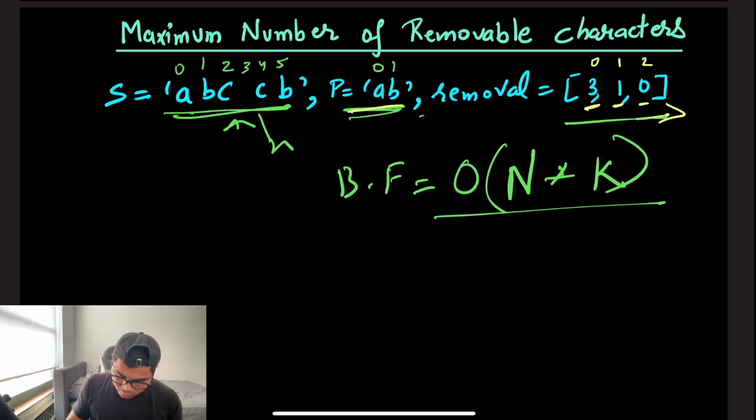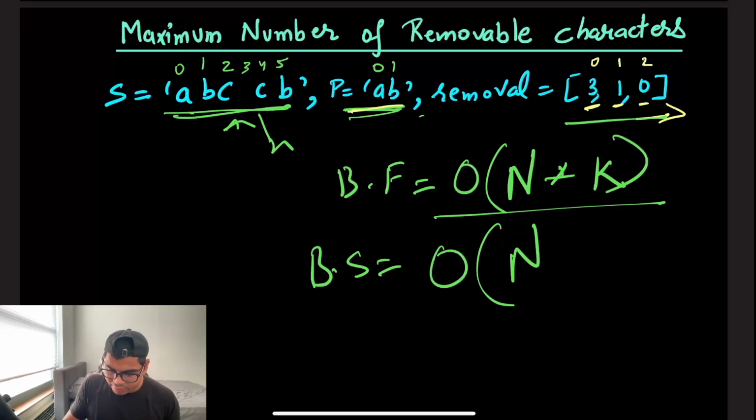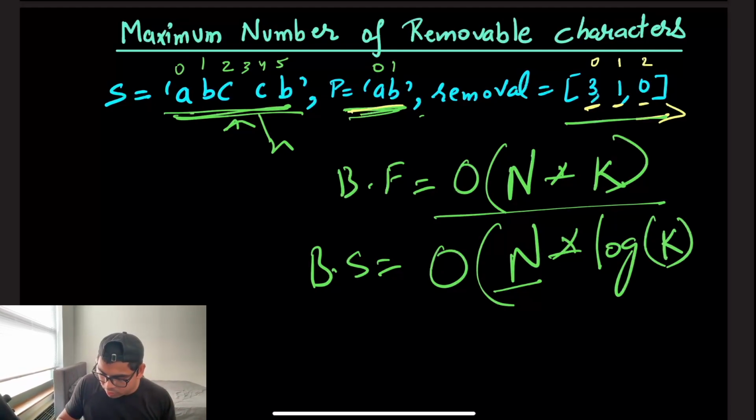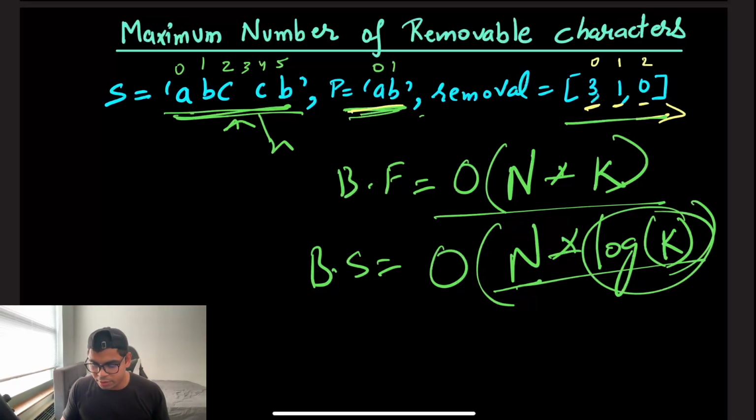But now this binary search approach will bring down the time complexity. The n will remain the same, because this is about checking if P is a subsequence of S. That will remain the same, but k could be really big. That is why this solution will bring down the time complexity a lot, as we are having log k rather than k.